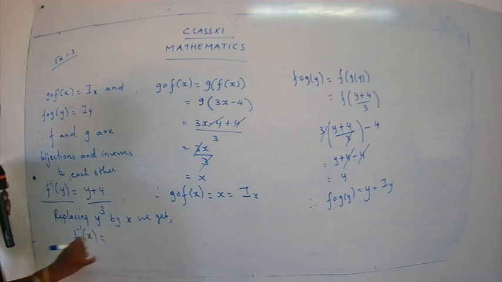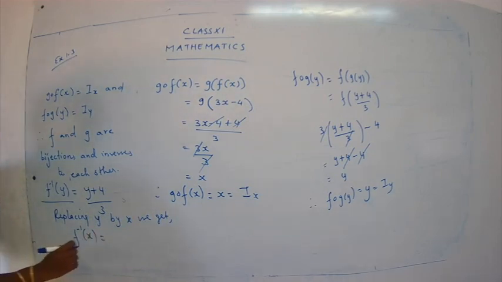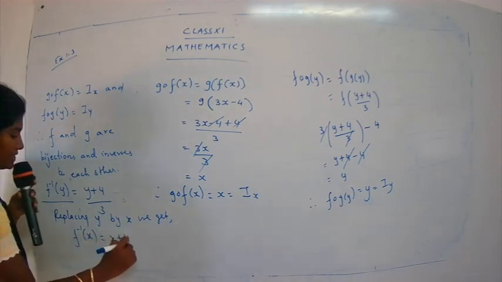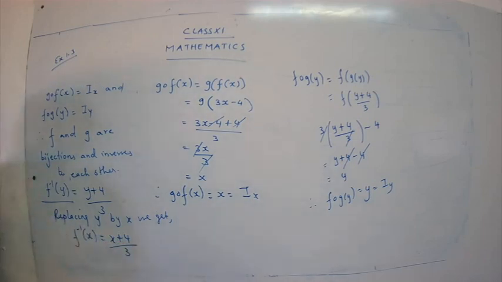Wherever you have y, it will be taken as x. So you get x plus 4 upon 3. So f inverse x is equal to x plus 4 upon 3. This is the first part, that is, we have found the inverse of a function.